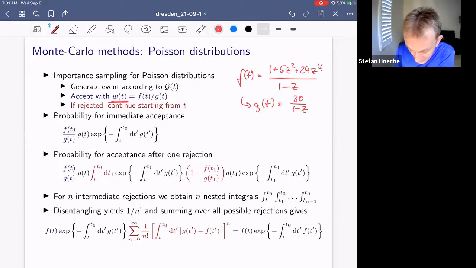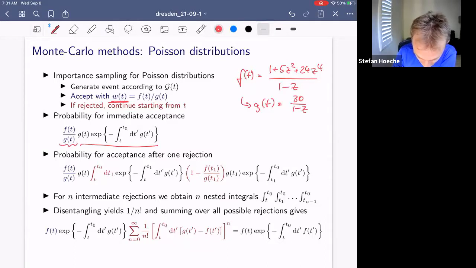Okay. The question is whether that hit or miss actually also works in the context of Poisson distributions, and the surprising thing is that it does, and this is known by the name of the Veto algorithm. So you draw according to little g. So your probability for drawing a first point is what I just underlined.